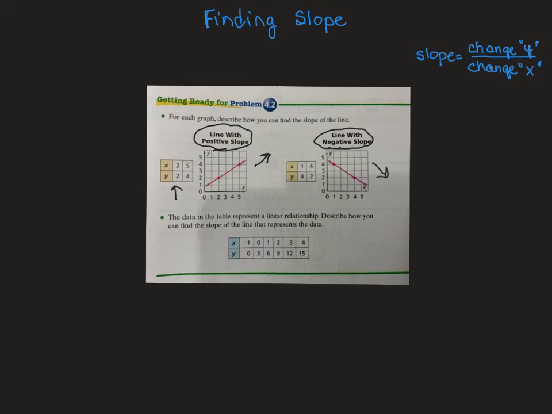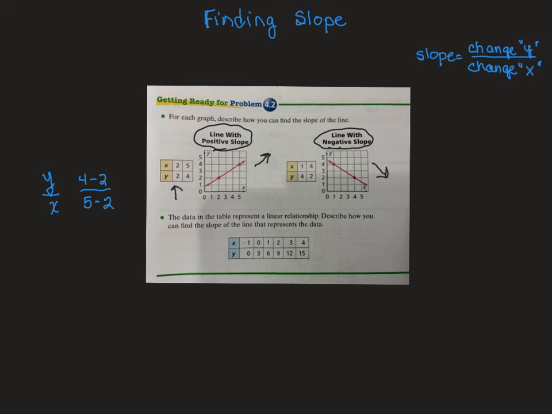Okay, so I find the slope by finding whatever the change in y is over whatever the change in x is. So for the y change, y over x, I'm going to do 4 minus 2. And for the x change, I'm going to do 5 minus 3. Notice that I'm subtracting.